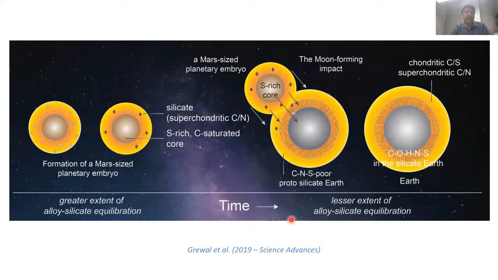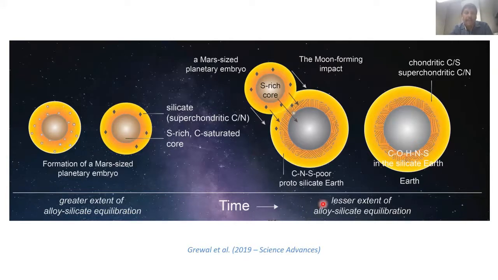So based on that, we came up with this model, led by my current student, Damanveer Grewal, that was published last year. First there was a formation of a Mars-sized planetary embryo that had a sulfur-rich core. Having this core be sulfur-rich allowed the silicate portion of this planetary embryo to gain carbon through expulsion of carbon from its core.